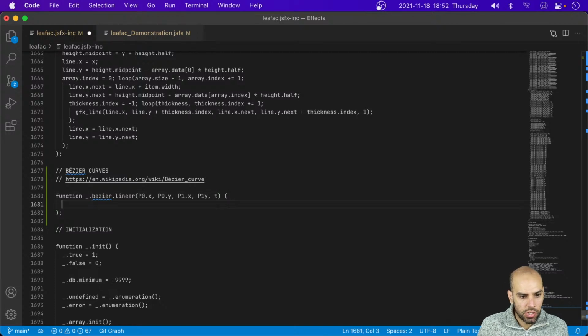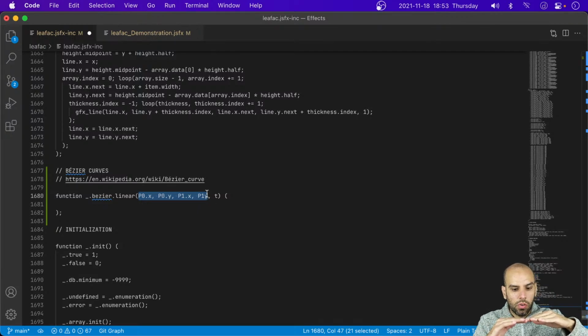For now, let's just implement the formula for this. So the problem with the formula is that it needs to return two values. It needs to return the coordinates x and y. So how about we just make it for one axis, and then you have to call the linear Bezier interpolation on the x-axis and then the y-axis, and then you get your point.